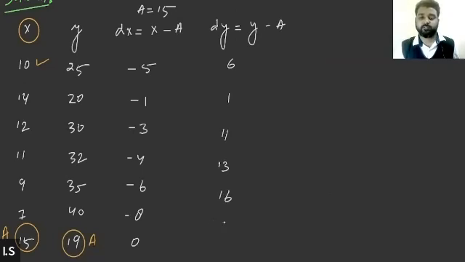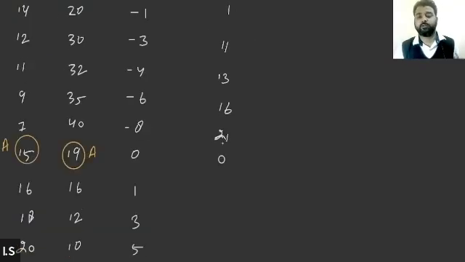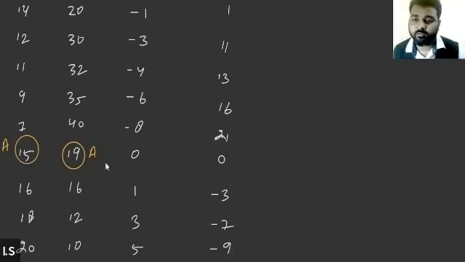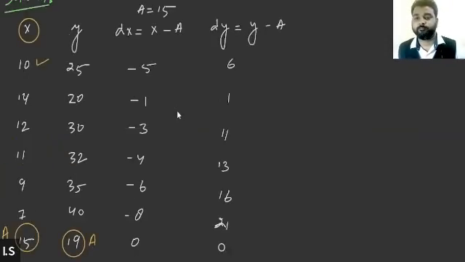And 40 minus 19 will be 21. Then 19 minus 19 will obviously be 0. And 16 minus 19 will be minus 3. And 10 minus 19 will be minus 9. Tell me, Alexander, is this clear to you as well? Yes, sir.